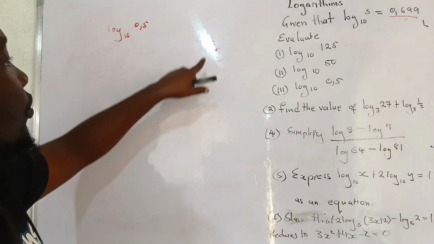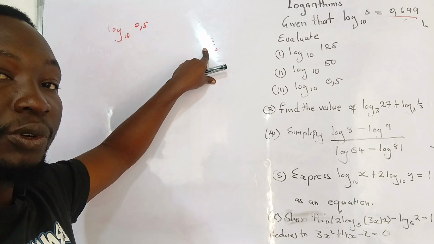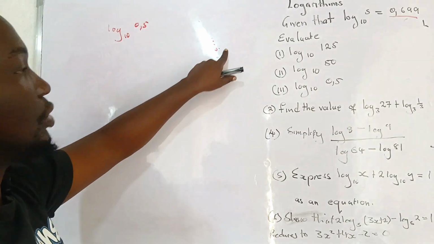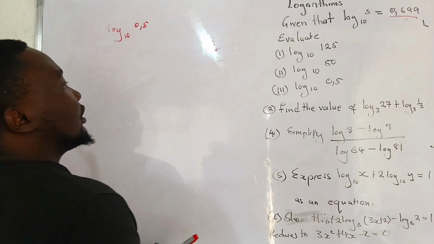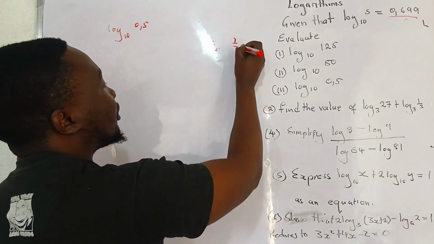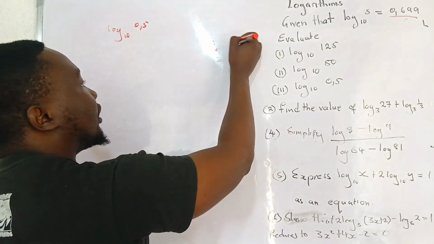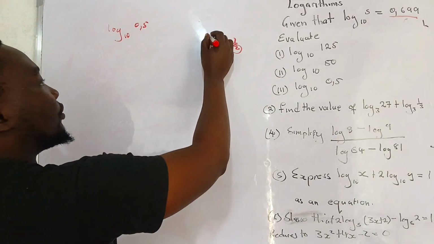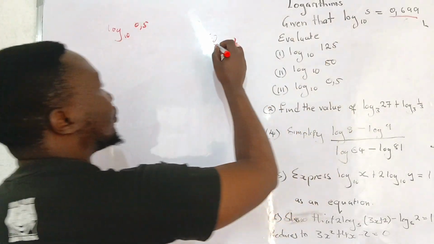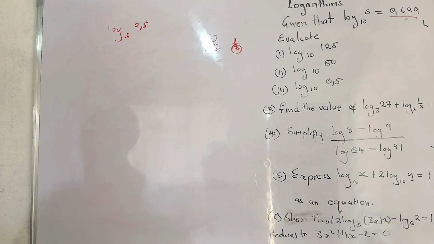Do not reduce this, because if you reduce it to a half, you don't know the log of 2 and you know the log of 1. It will be difficult. But if you leave it as here, you have the log of 5, which is here, and you know the log of 10.